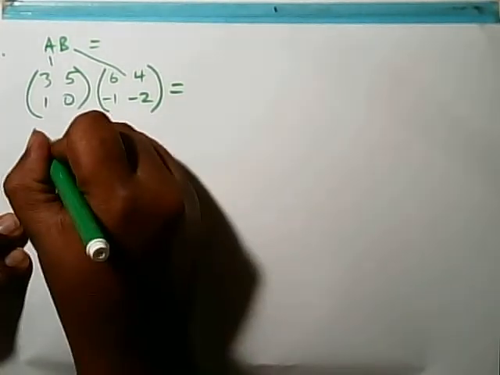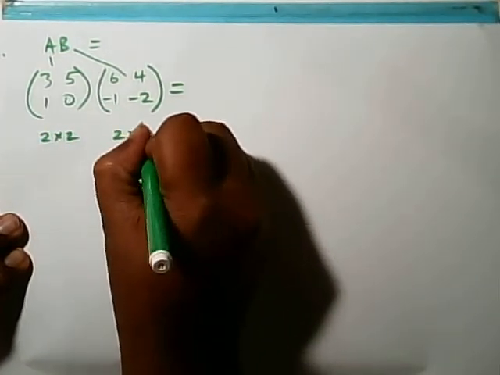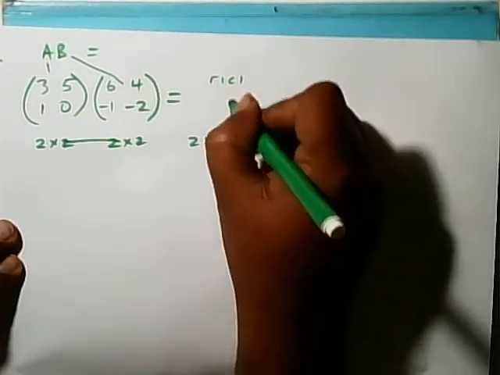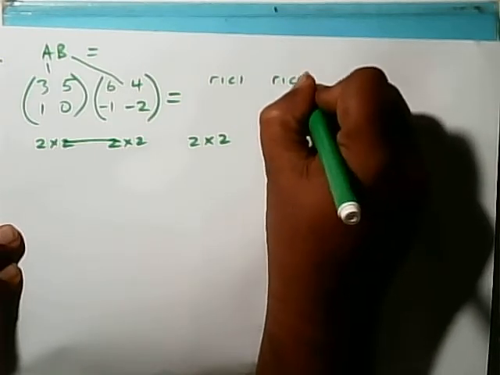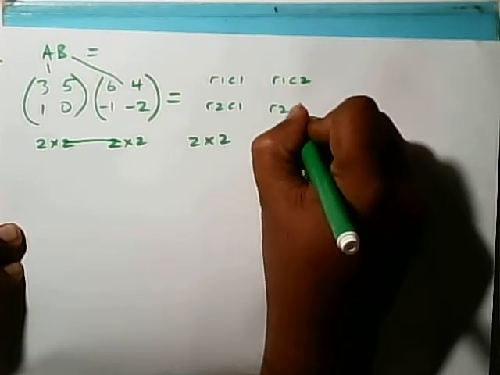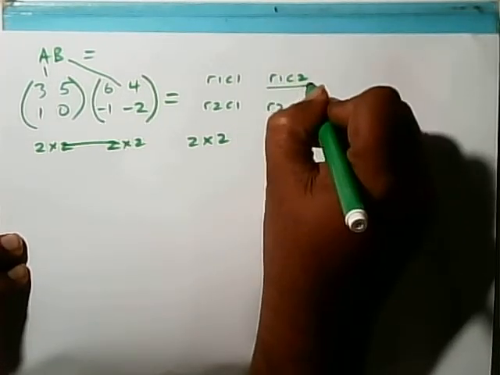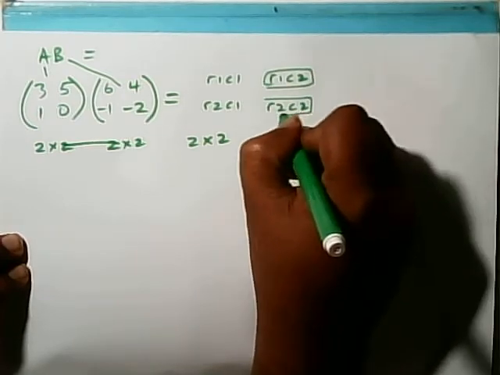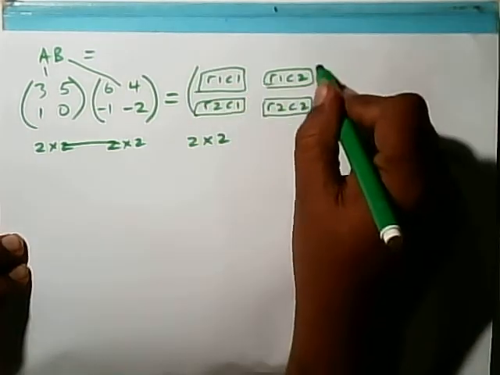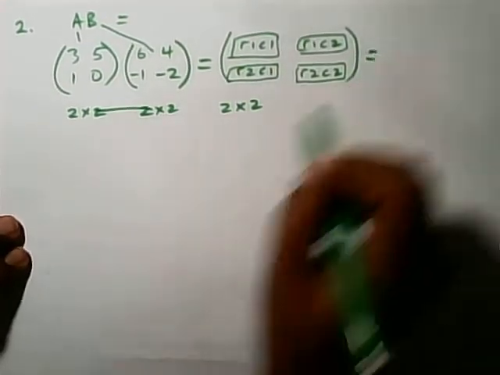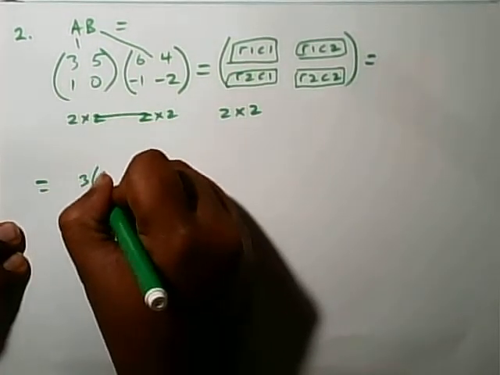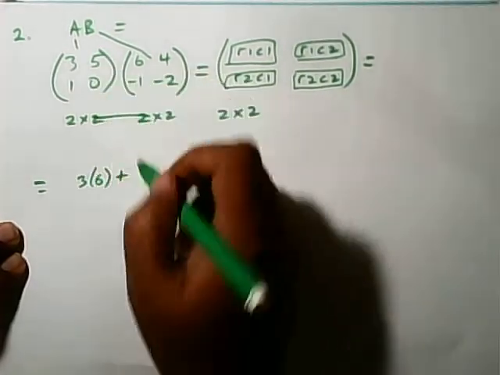Again, it's 2 by 2, 2 by 2, scratch that off, 2 by 2, row 1, column 1, row 1, column 2, row 2, column 1, row 2, column 2. This will work out to give us row 1, column 1, 3 times 6, added to 5 times minus 1.